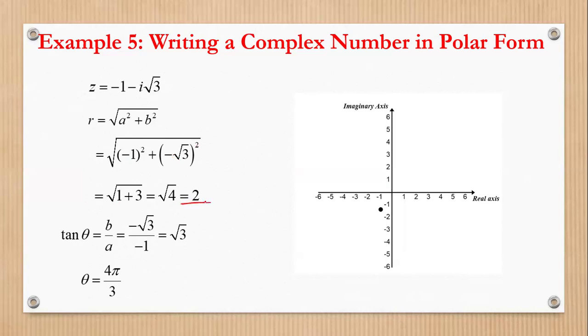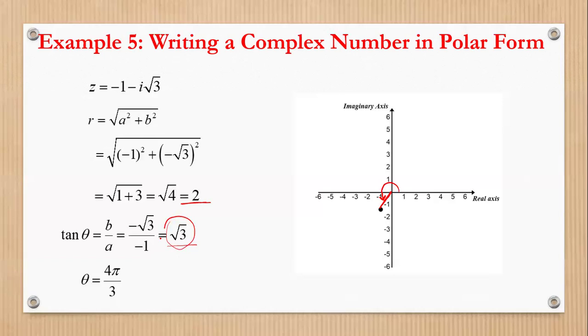We found r. Now to find the angle, we know that the tangent of the angle should be b over a, which is -√3 over -1. That's exactly positive √3. But we know that the angle is in the third quadrant. Any angle that we find by using this number is a reference angle.